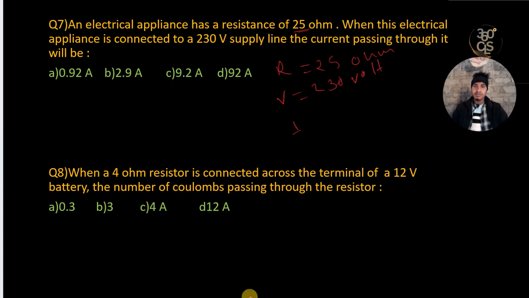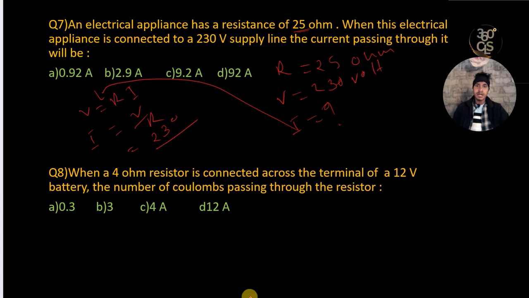Now we have to find the current, that's I. By applying Ohm's law, V is equal to R I. Now I is equal to V upon R. So V is equal to 230 and R is equal to 25.